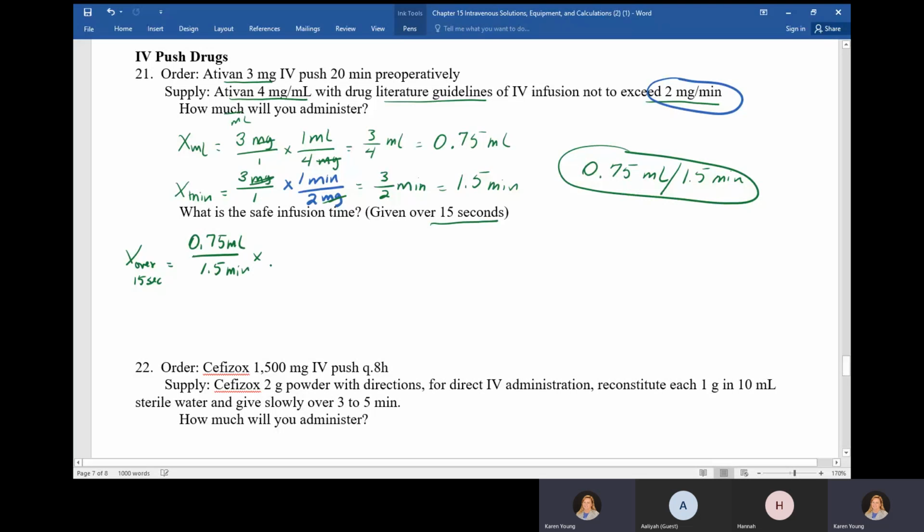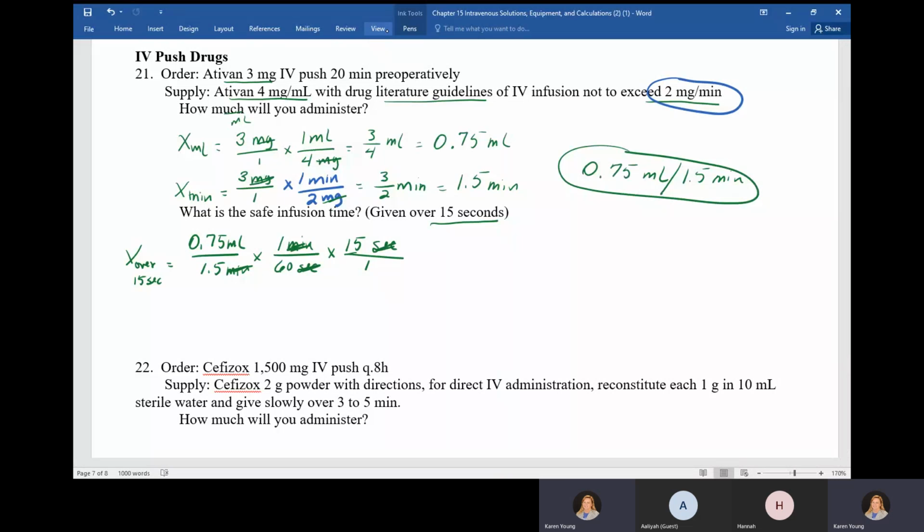Then it's times a time conversion again. But instead of hours per minute, this time it's minutes per second. There's 60 seconds in 1 minute. So 1 minute over 60 seconds. And since I want to break it down to every 15 seconds, I'm going to multiply it by 15 seconds. Okay, so my seconds cancel. My minutes cancel. And that leaves me with just milliliters.